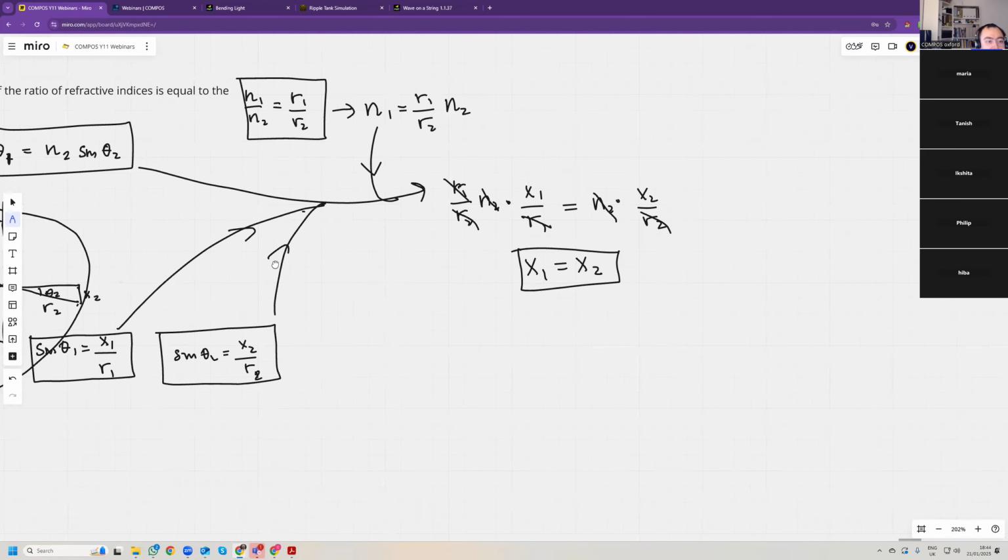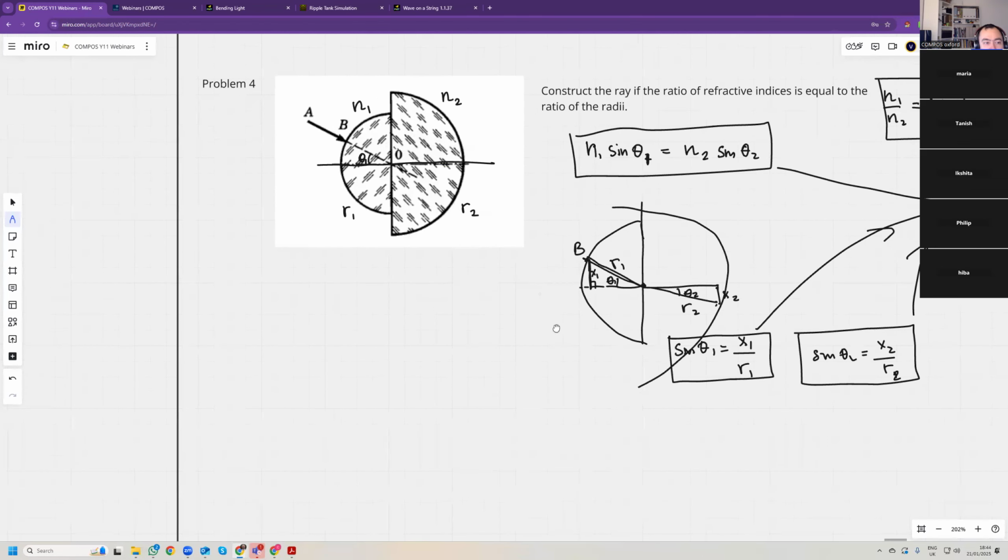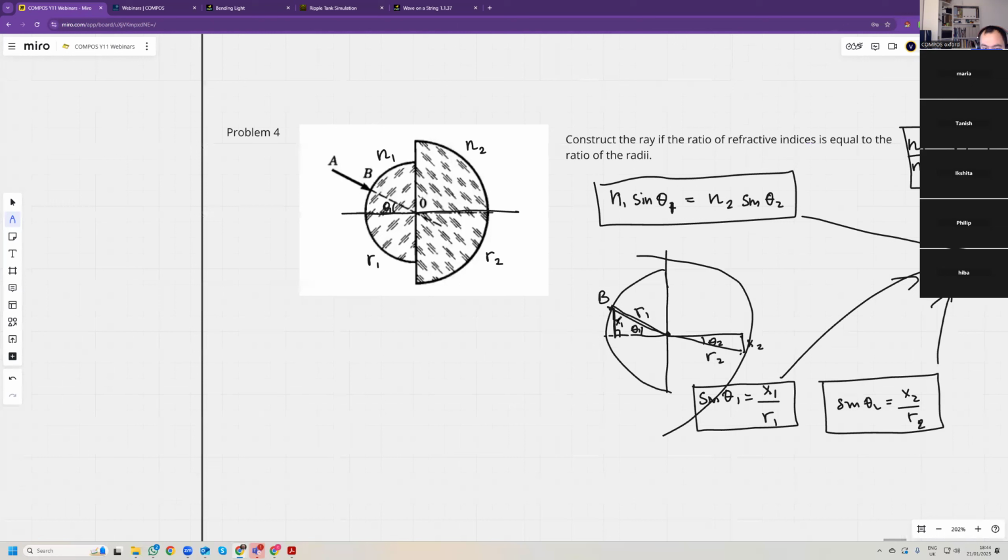And that's a very important result. So the distance x1 and this distance x2 are going to be the same, and that is how I can make my construction. So if I continue this line down, using a straight edge, this is x1.